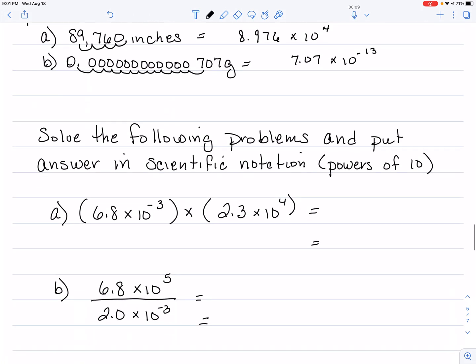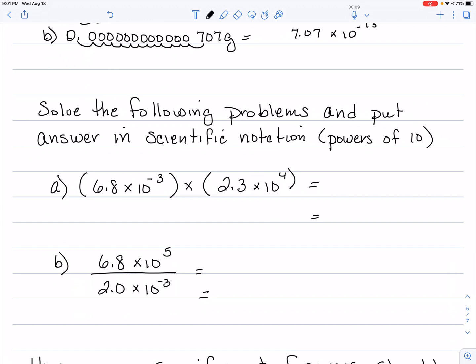Now in these next two, you're asked to do these calculations and then put the answer into scientific notation. So when I do this calculation, my answer comes out to be 156.4. Now that is not in scientific notation, because remember, my number has to be between 1 and 10. So I can go 1.56 times 10, and I have moved that decimal place 1, 2, so 1.56 times 10 to the second.